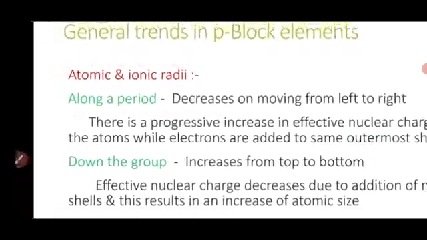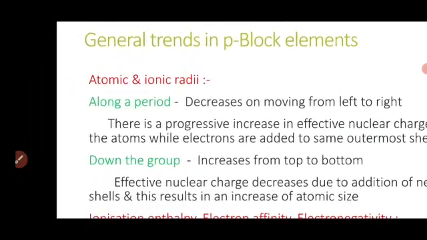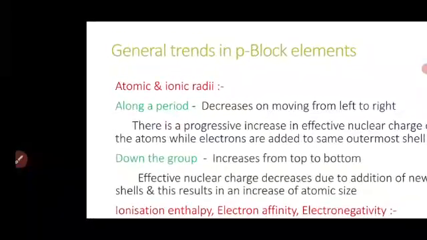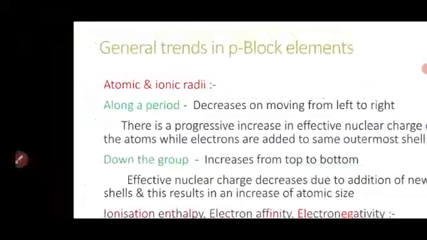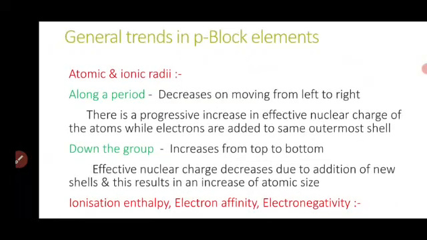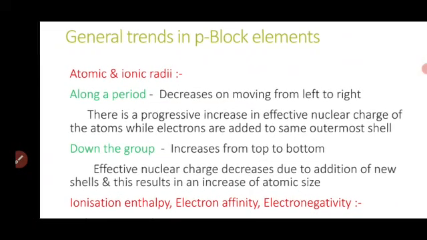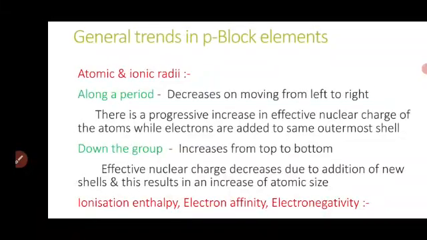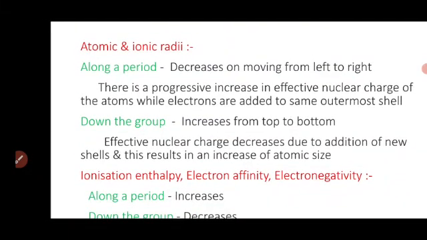Now why this decrease takes place, we can see, because there is a progressive increase in effective nuclear charge, and this is what we have studied last year. Effective nuclear charge of the atoms increases while electrons are added in the same outermost shell. Okay, down the group what happens?